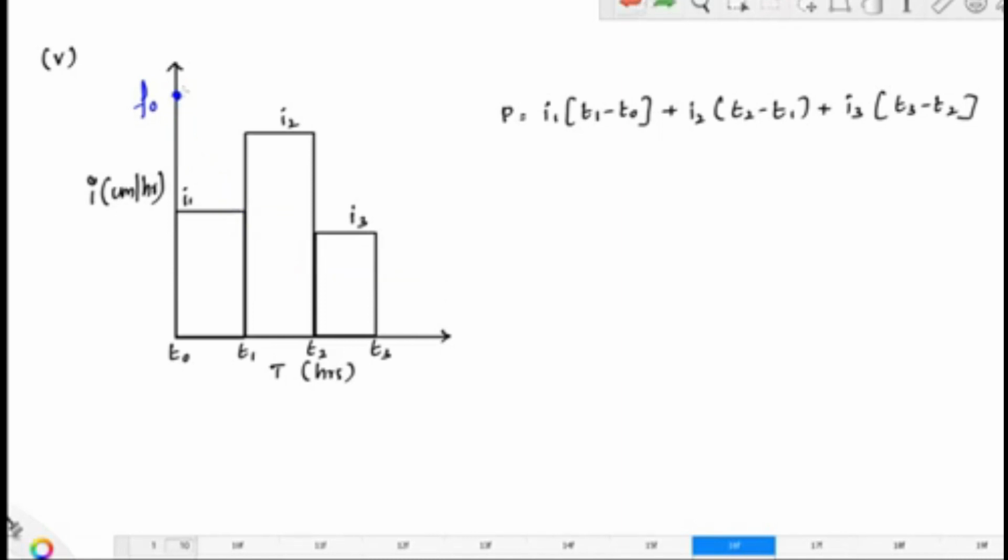Let me draw it properly. Now you have to find out infiltration depth F. So this is your infiltration with respect to the first hour.